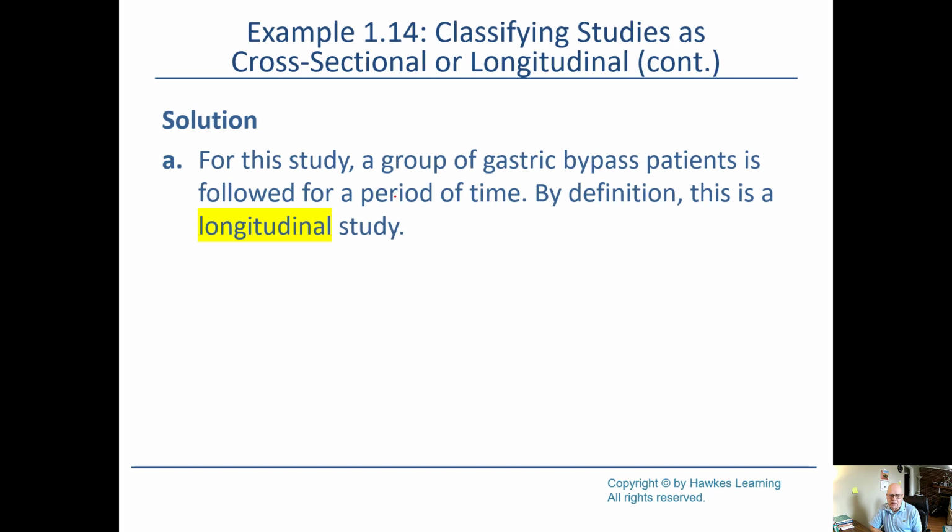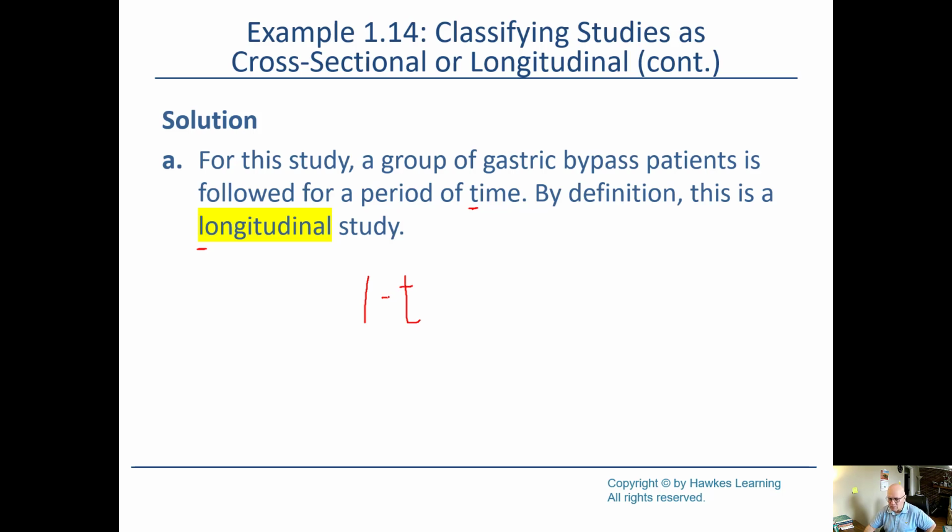The first one, they followed them for a period of time, so longitudinal study. Hey, I've got something for you here, maybe this will help. The L in longitudinal and the T in time. If you're not careful, these two can look very similar, right? Except for the crossbar.